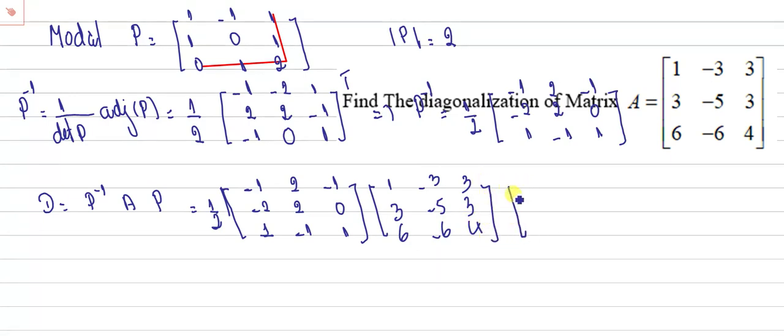And matrix P. P is 1, minus 1, 1, 1, 0, 1, 0, 1, 2. This one, 0, 1, 2. So now we just find.